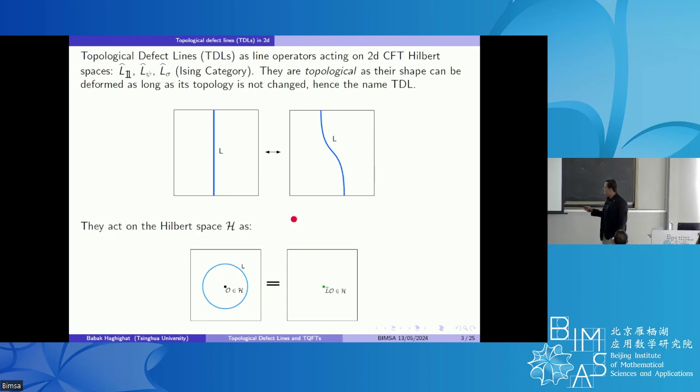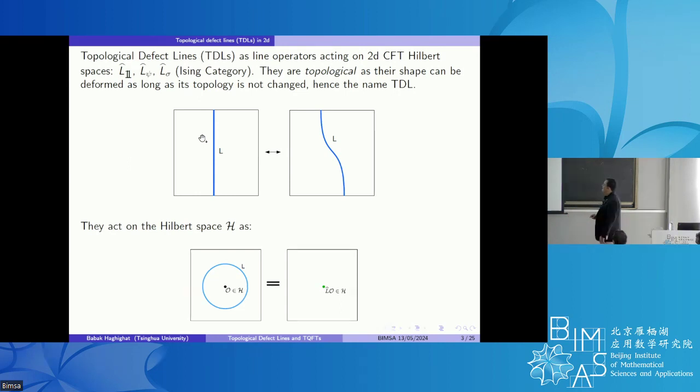And these line defects, in the language of statistical models which I just described, are certain boundary conditions. For example, if you have this spin model, with some spins pointing upwards or downwards on a lattice, and you sum over all configurations, this line just means that when you cross it, you flip them.